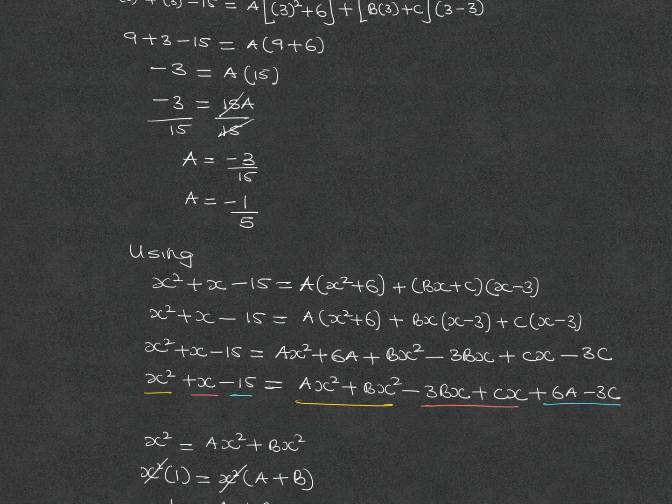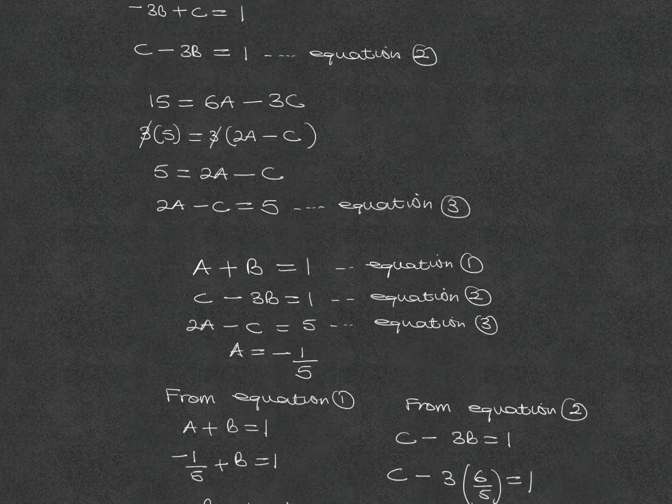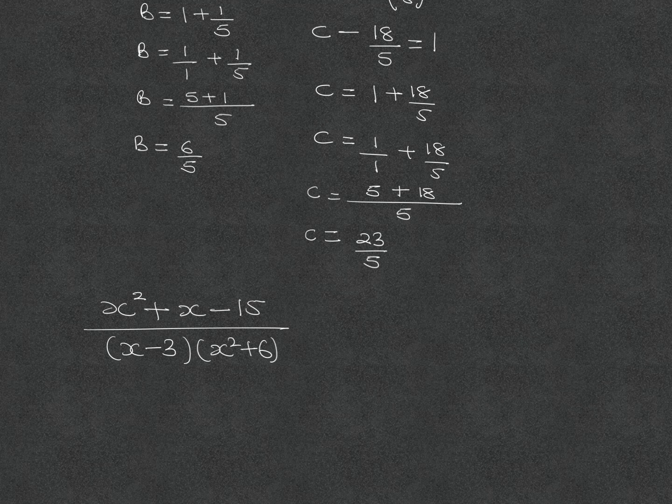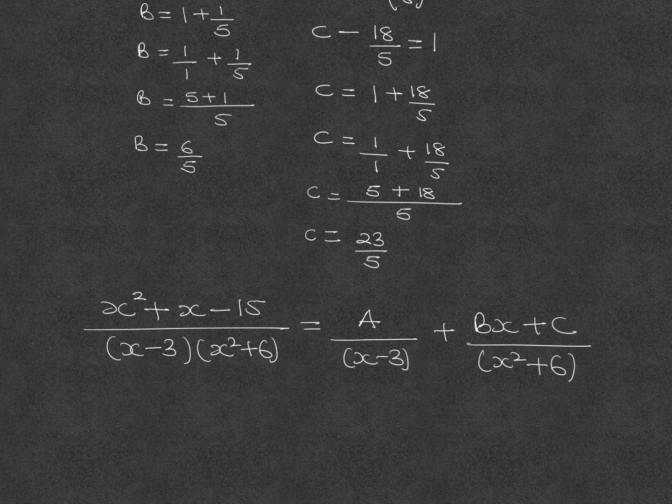So we had x squared plus x minus 15 all over x minus 3 into x squared plus 6 is equal to a all over x minus 3 plus bx plus c all over x squared plus 6.